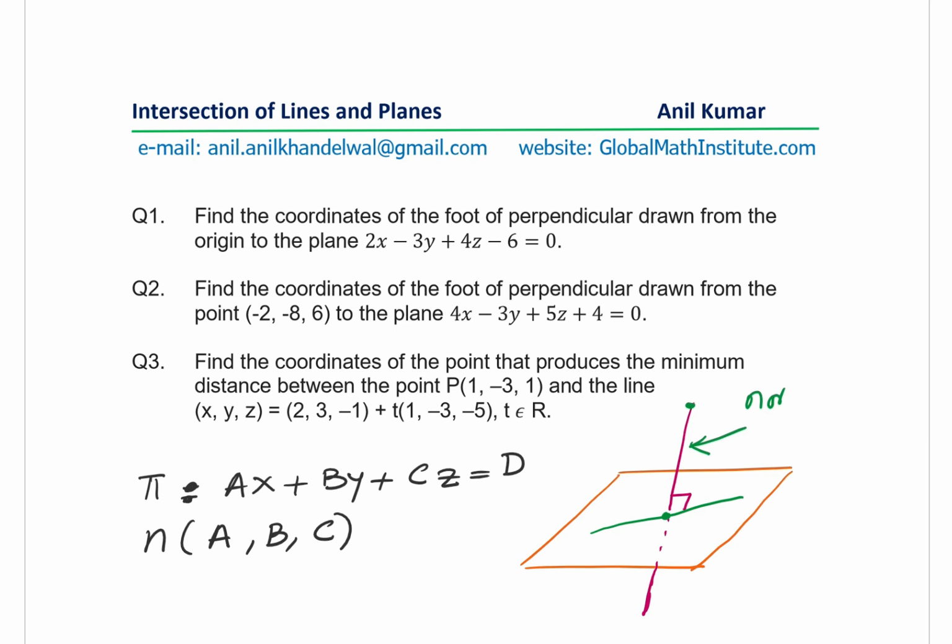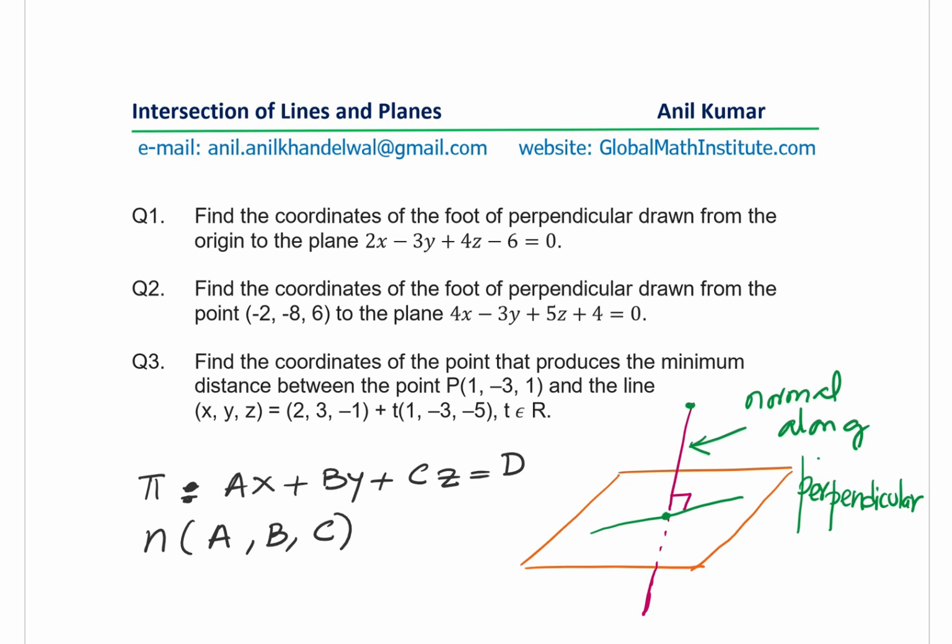Normal means along the perpendicular direction. Is that clear to you? That is the concept.